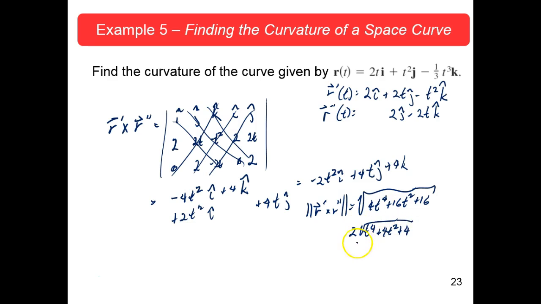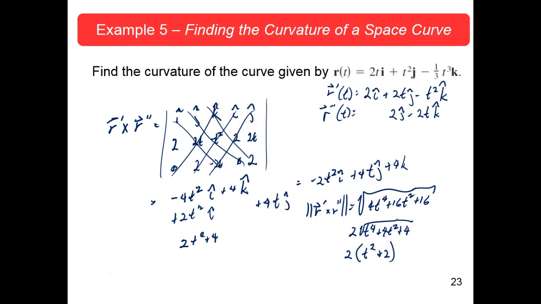You notice that's t squared plus 2 squared. Take the square root of a square and you lose the square. So this gives you 2 times t squared plus 2.